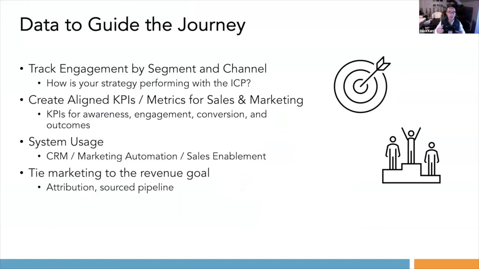Is Facebook performing better than LinkedIn, or is Google performing better than our website just for organic traffic? You need to understand from each of those segments how your leads are coming in, what your conversion rates are, and then more importantly, how from each channel, how do they go through the funnel?